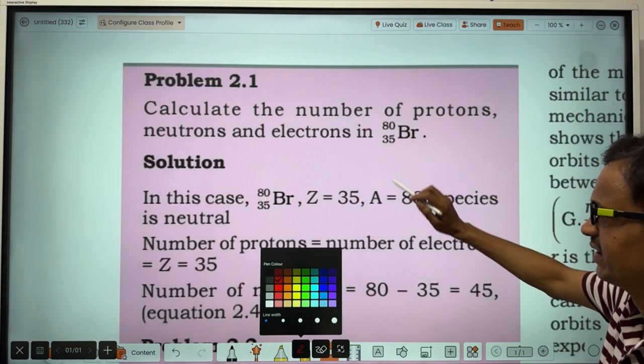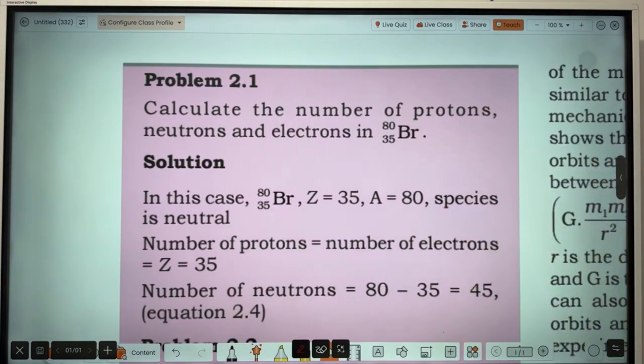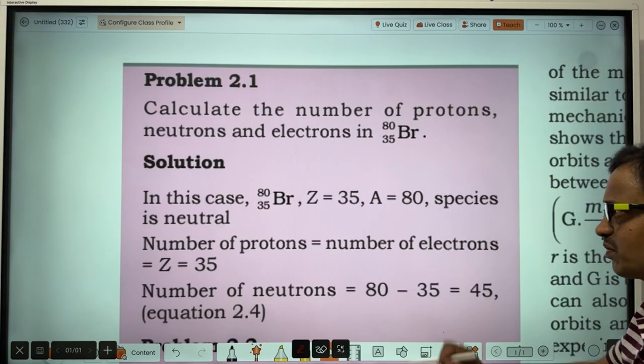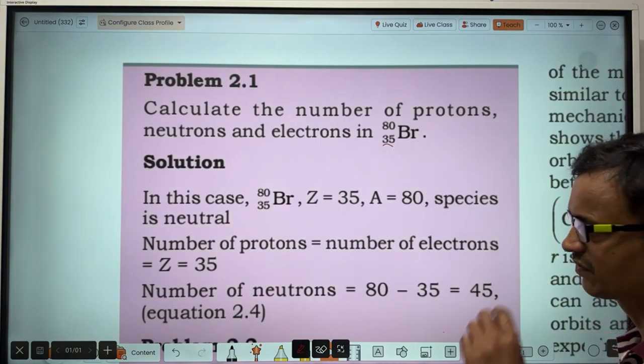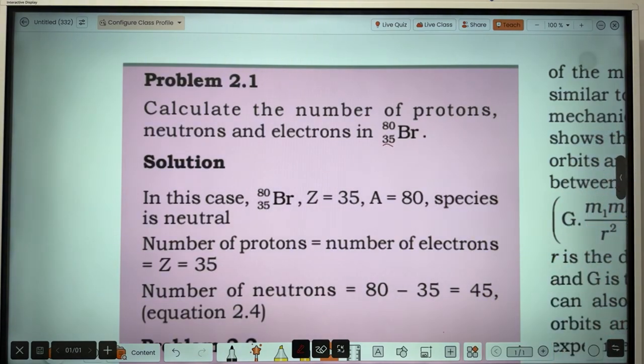Here on the bromine there is no positive charge and no negative charge, so this is a neutral atom. In a neutral atom, the number of protons equals the number of electrons. Since the number of protons is 35, the number of electrons will also be 35.